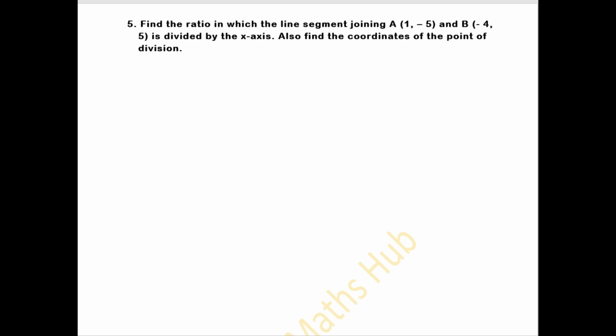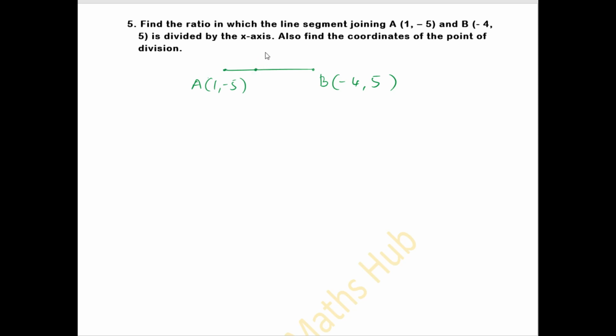Students, the question is clear that we should find out the ratio, that is m is to n, in which the line segment formed by the points A and B is divided by the x-axis.